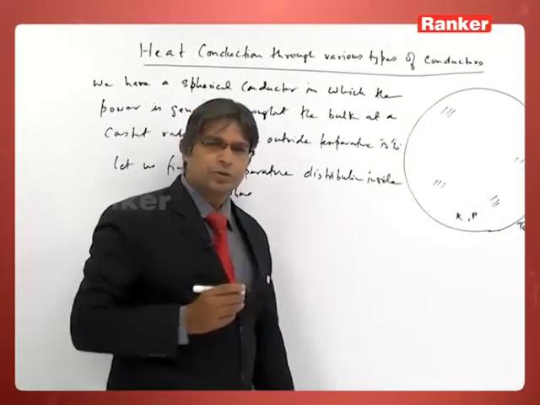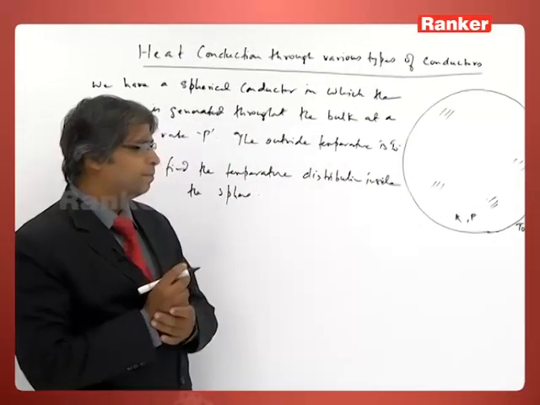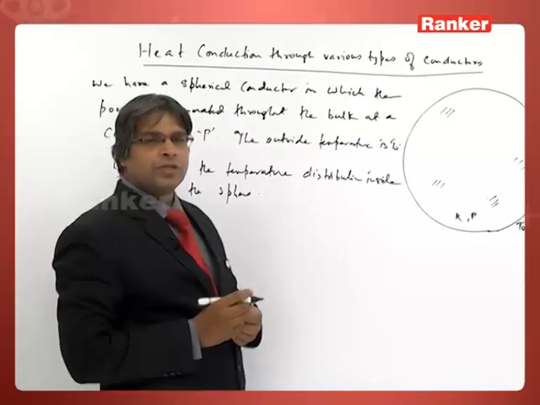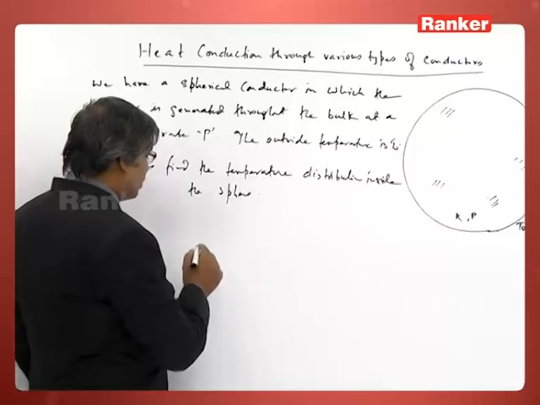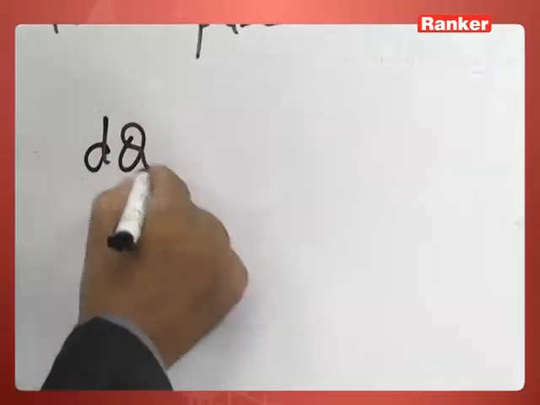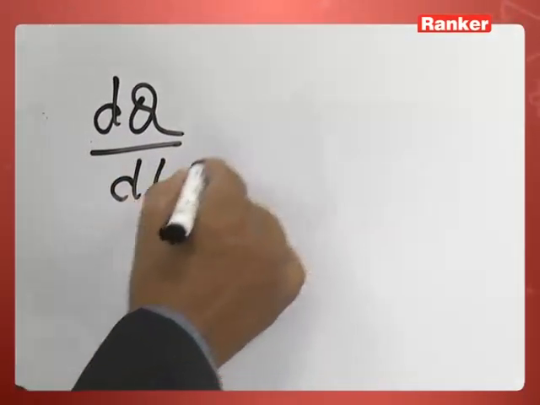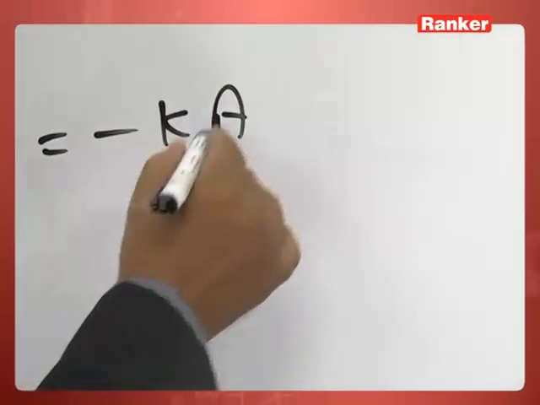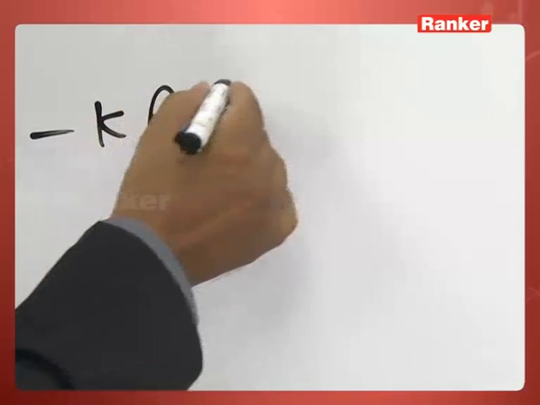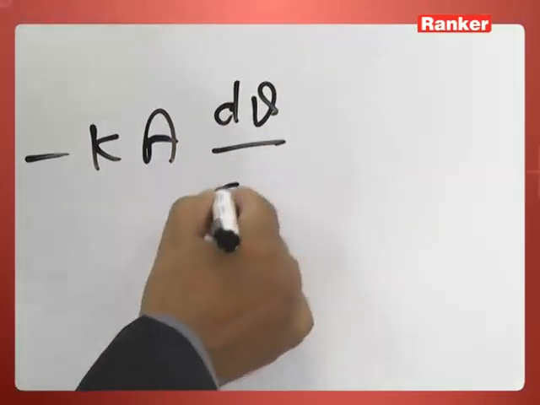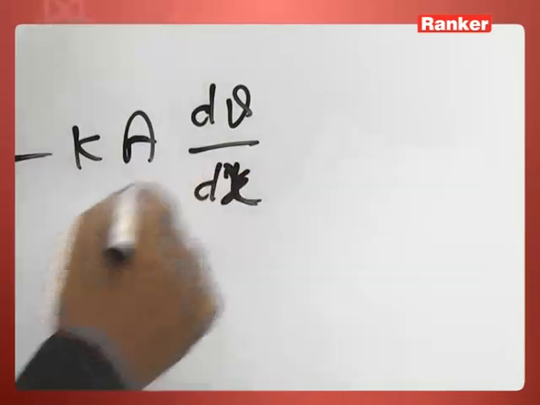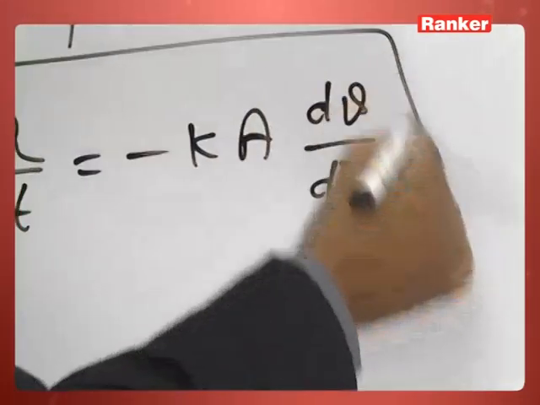So, now in order to find the temperature distribution, we have to use Fourier's formula, that is the rate at which the heat is transferred is equal to minus K into the area through which the heat passes and into the temperature gradient d theta by dx. So, this is our Fourier's formula.